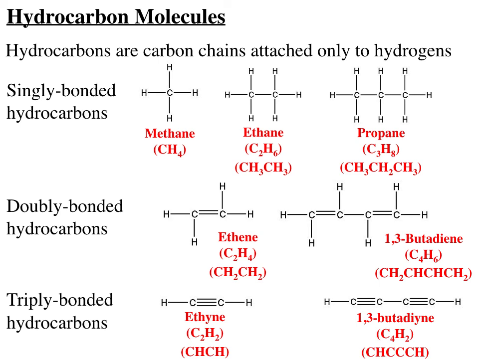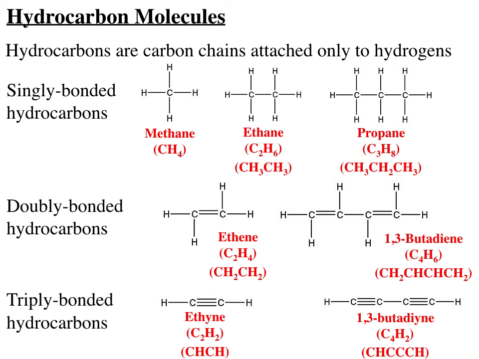Now often what this is called, when you maximize the hydrogens, that's called a saturated hydrocarbon. When you have a minimum of hydrogens, we call that an unsaturated hydrocarbon. You might have heard nutritionists speak about saturated and unsaturated fats.